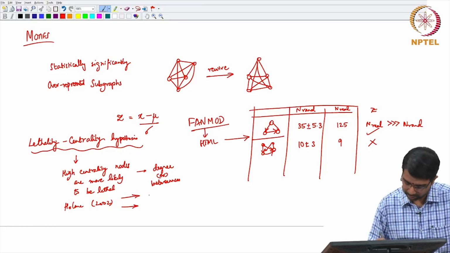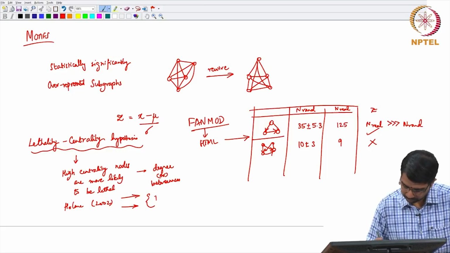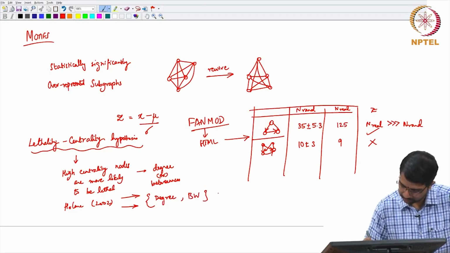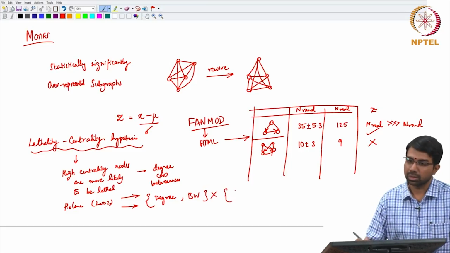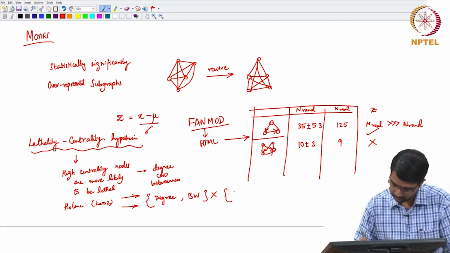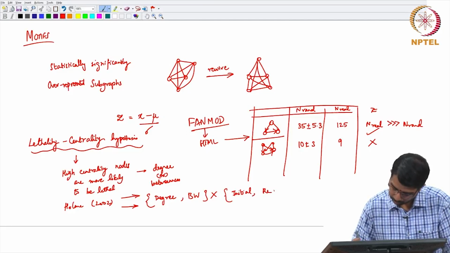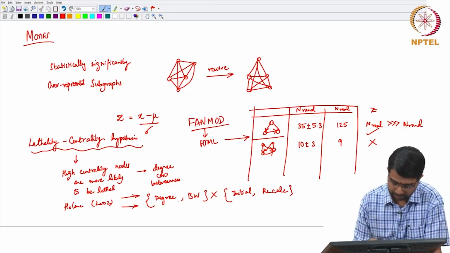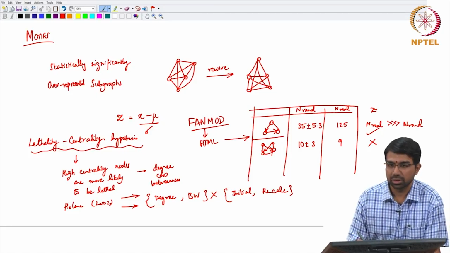two strategies: degree and betweenness. So, what this means is they tried degree and used only the initial degrees, right.